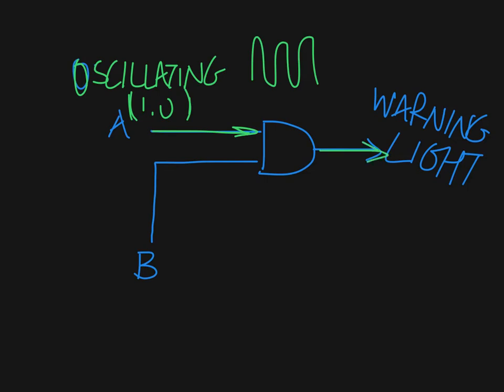The warning light won't be activated if B is switched off. If it's switched off, it holds a value 0, because we know both A and B have to be switched on in order for this light to shine. So this is just bouncing up and down, 1, 0, 1, 0, 1, 1, 1, 0, etc. We don't know. It's a sensor, let's say. But in order to actually activate this, I have to switch this one on.